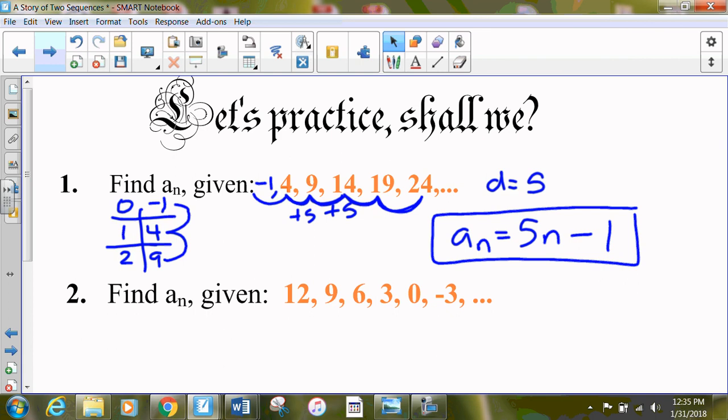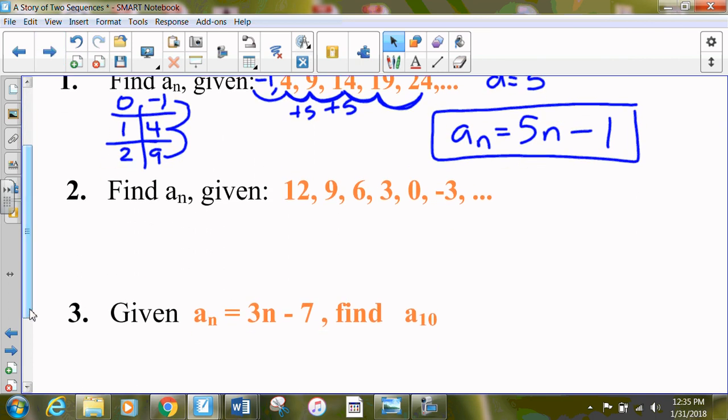If we look at the next one, we're going to do the same thing. We can either put it in table form or just do the hoops right on the sequence itself. As we're moving forward, we're subtracting 3.